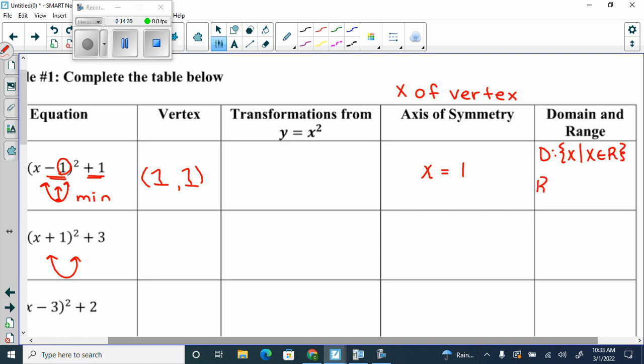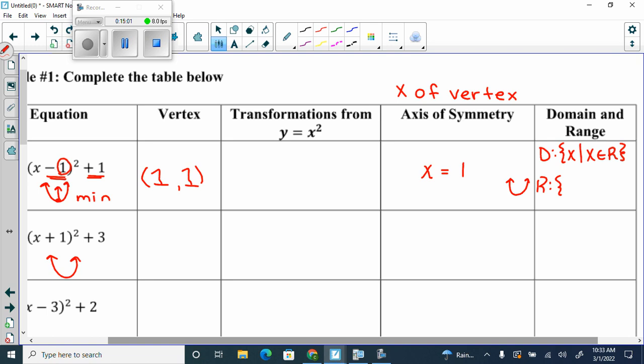My range, remember, I can do this beside it if it helps me. It's going to be concave up. And is the range based on the x or the y? The y's. And what's my y? The x and y are both actually 1, but my y is 1. We agree?